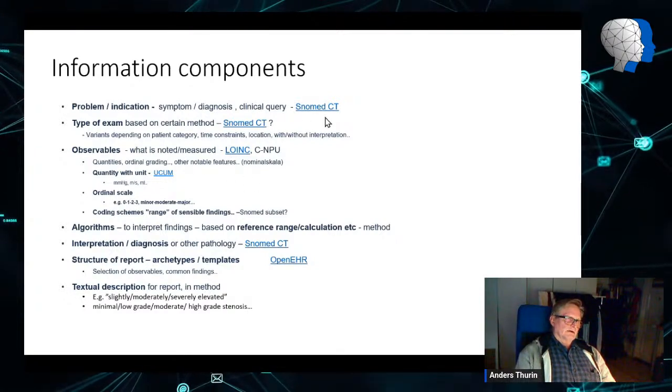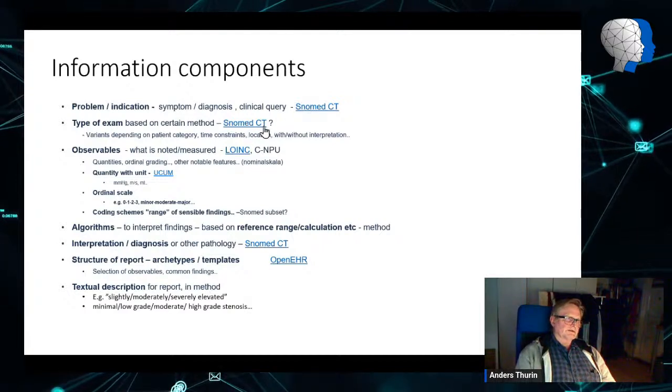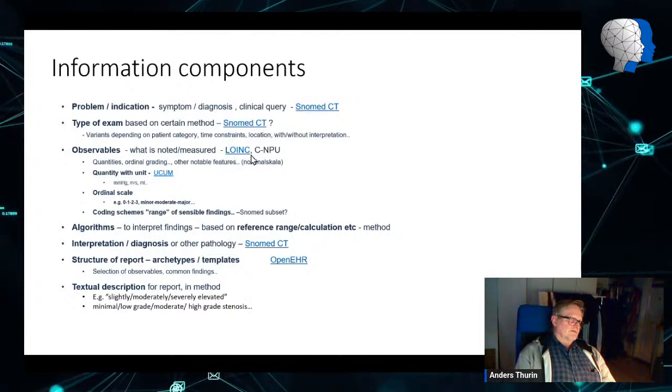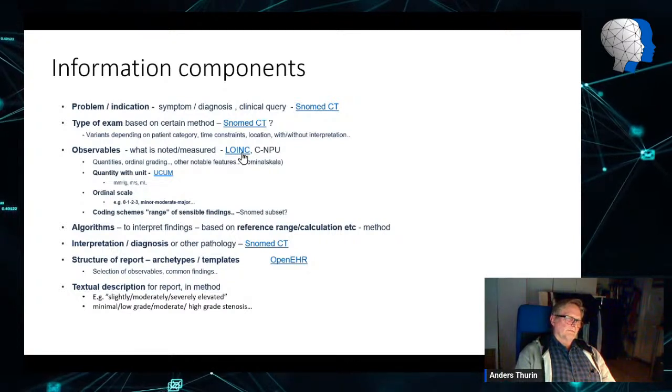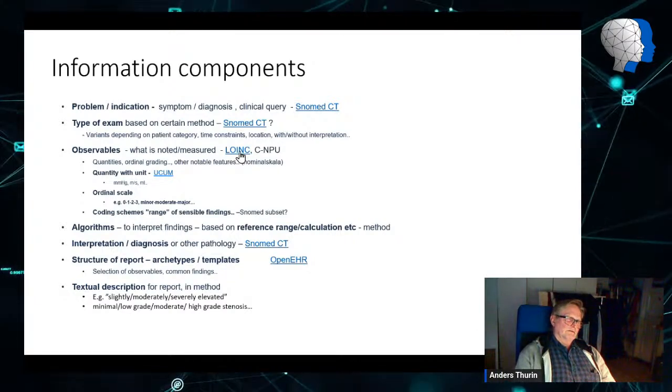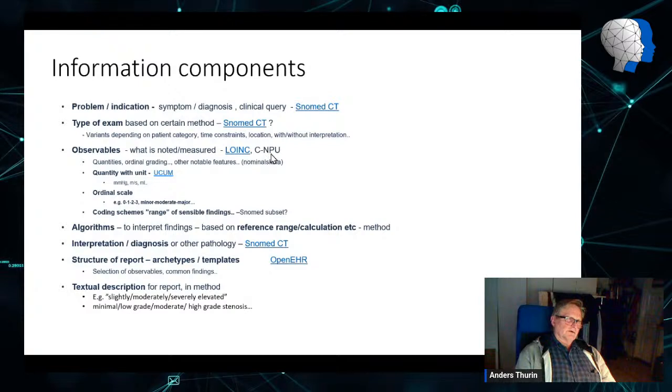These things can be found in SNOMED clinical terms. Observables are not as much, but they're probably more likely to be found in LOINC. And the CMPU, which is another terminology for observables used in Scandinavia.